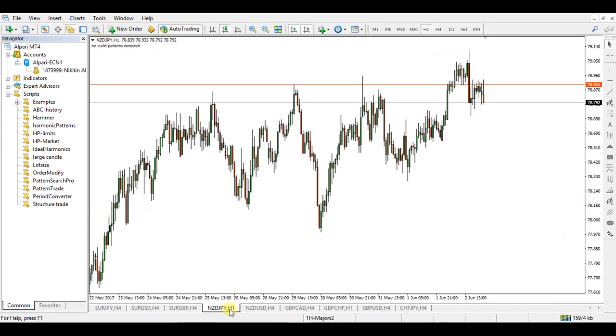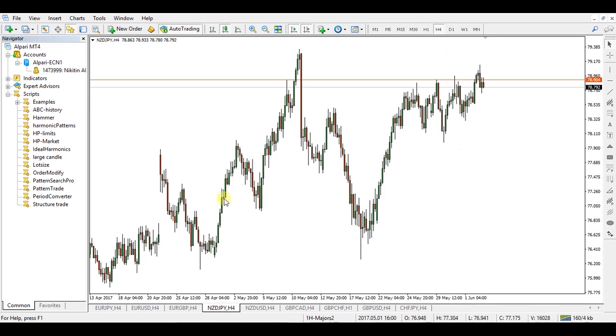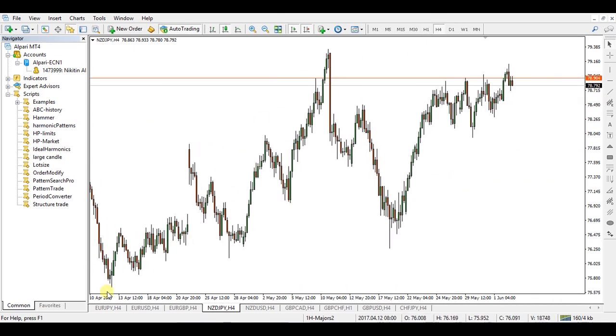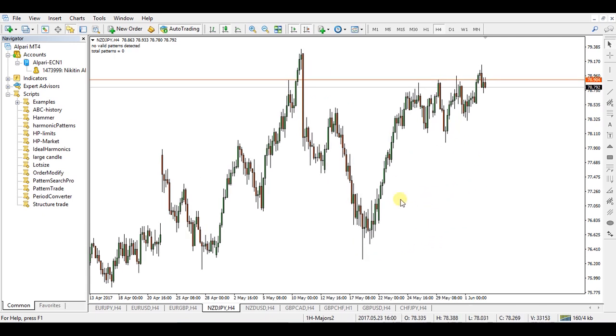Let's go next. New Zealand Yen 4 hour time frame. We had this uptrend like this, and then we have this pattern. Pretty large one. No valid patterns. Okay, then after that we have this uptrend like this, and then we have number of patterns here.